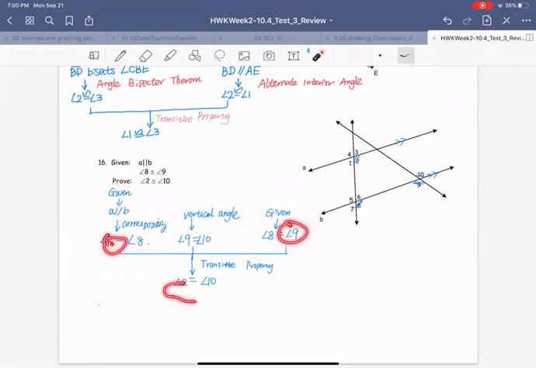Now your conclusion is 2 equals 10. So as long as you can prove 9 equals 10, then you are done.